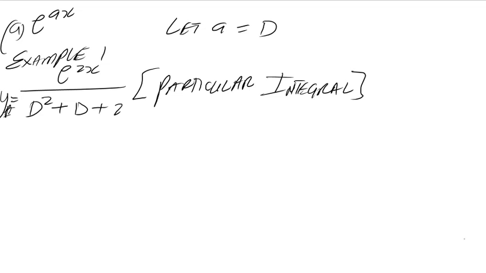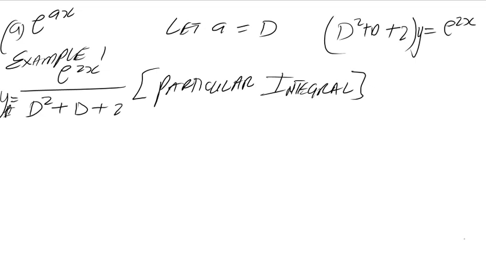Normally you don't find it like this. You find it in the form of an equation, so you'll have D squared plus D plus 2, and then y equals e to the power 2x.